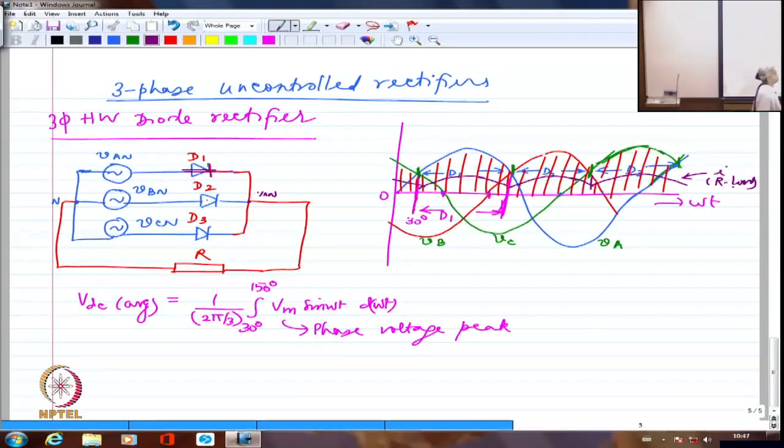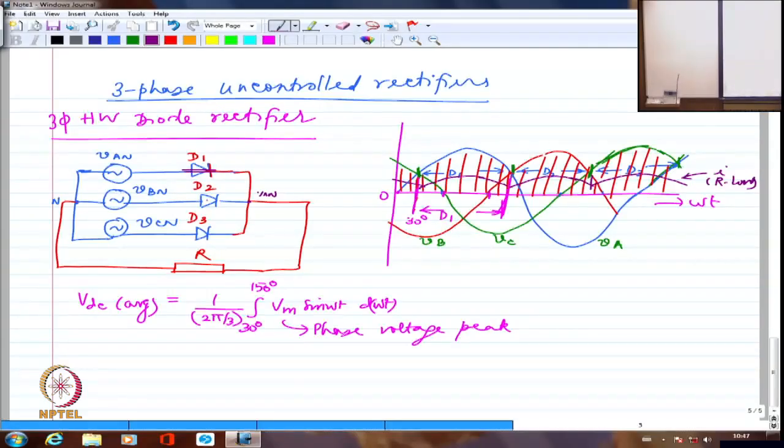For R load, the current will exactly follow the wave shape of the DC load voltage. But A phase will conduct only for this duration, B phase will conduct only for this duration, and C phase will conduct only for that particular duration.